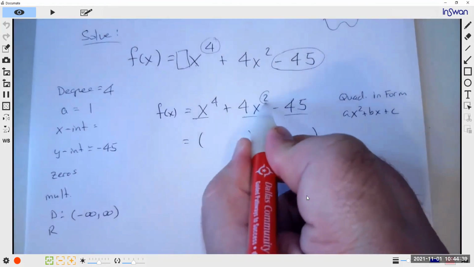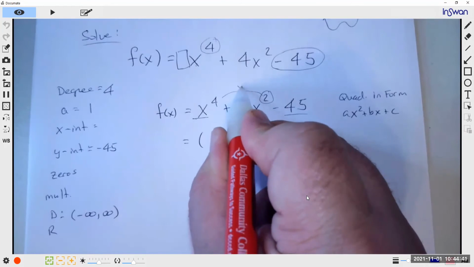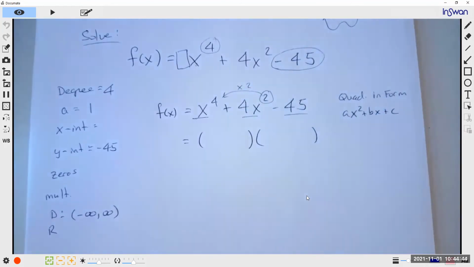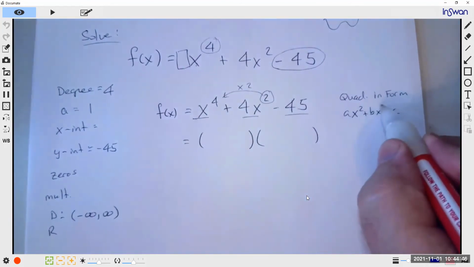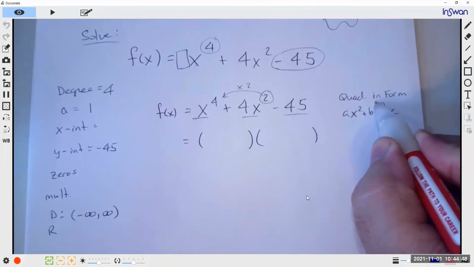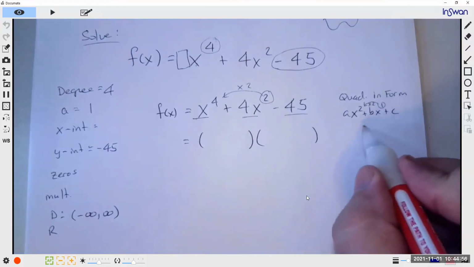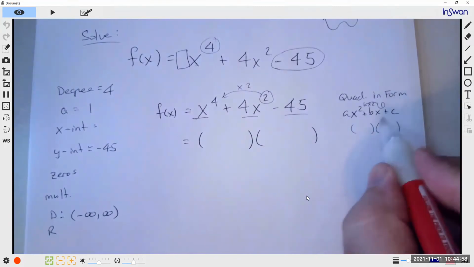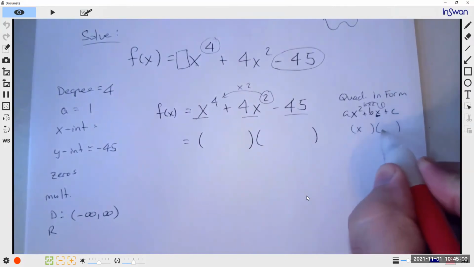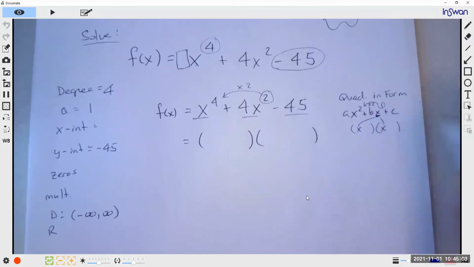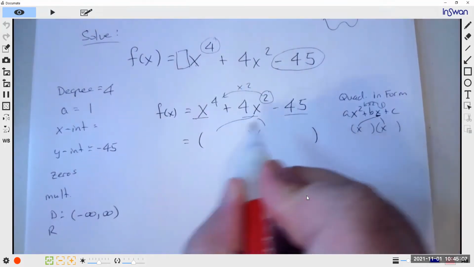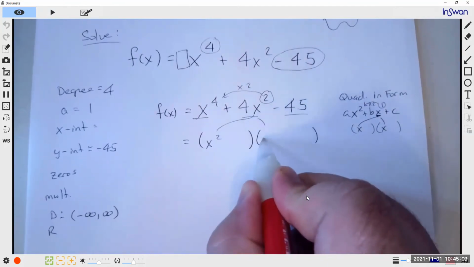Because the middle term's exponent times 2 equals the first term's exponent. The middle term, which is 1, times 2 equals the first term. And when we factor, whatever the middle term is goes inside the parentheses. So x squared.